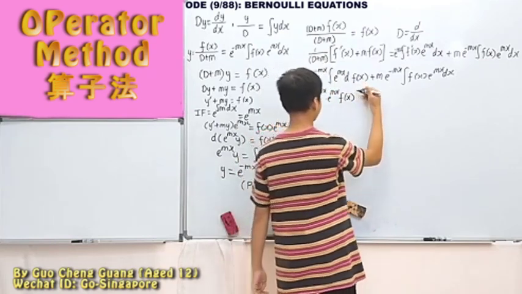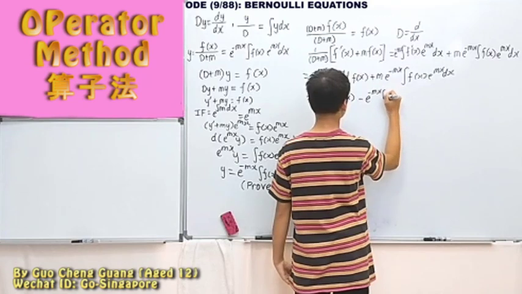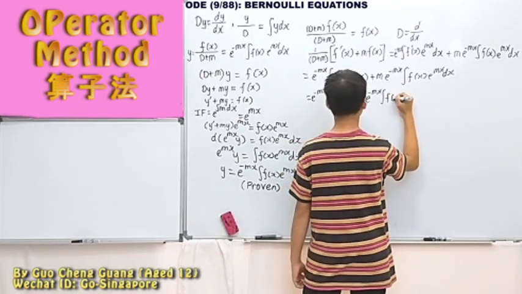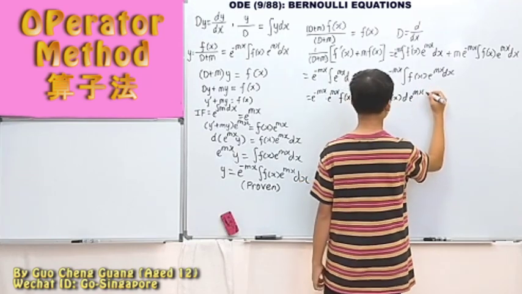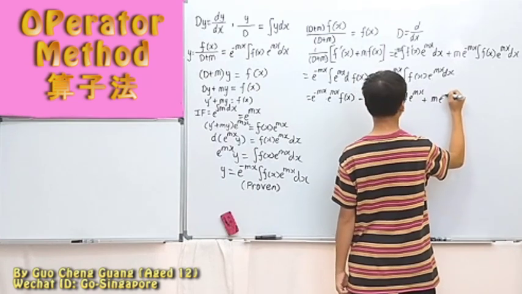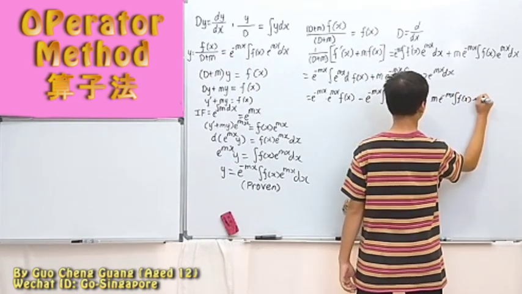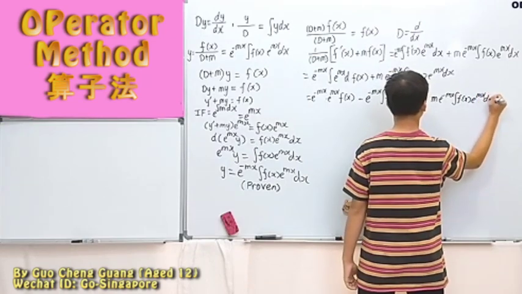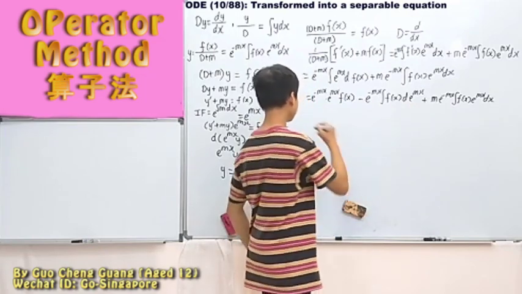Integral by parts, then you have a negative e to the power of negative mx, then integrate fx d e to the power of mx. And then afterwards, you take this out of the d.